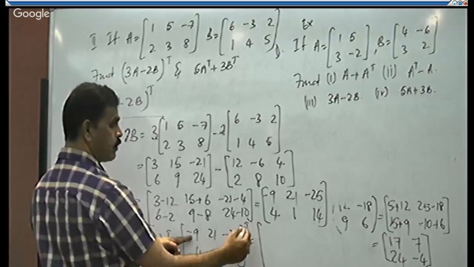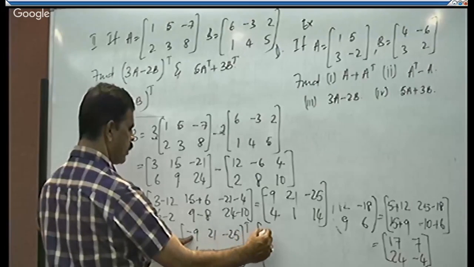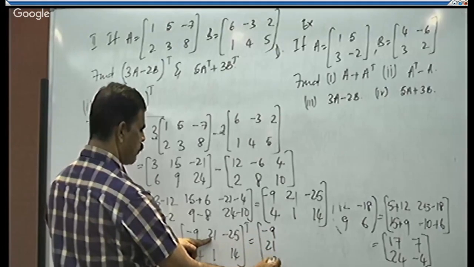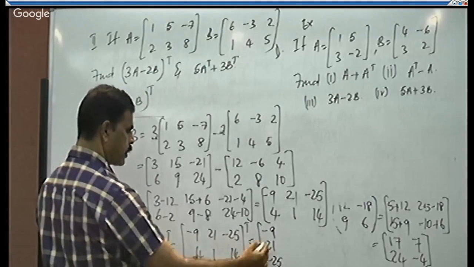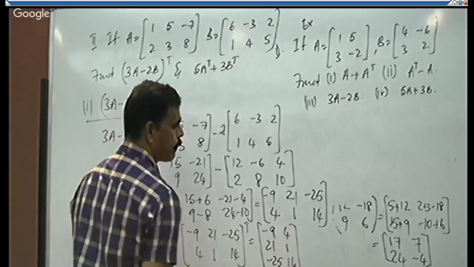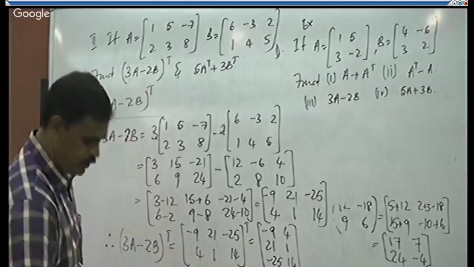Changing rows into column. First row is made as first column, minus 9, 21, minus 25. Second row is made as second column, 4, 1, 14. This is first expression value.